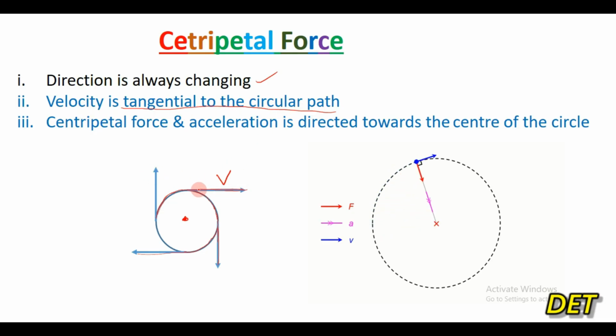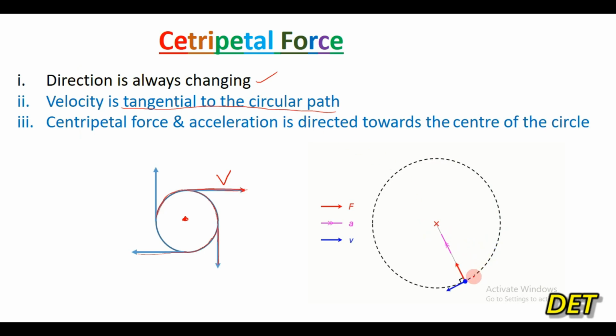And this is what it means, that when the object is moving, the velocity is tangential, right? Once the centripetal force is lost, the object will fly off in a tangential direction to the circular path, right? So the direction is always changing.